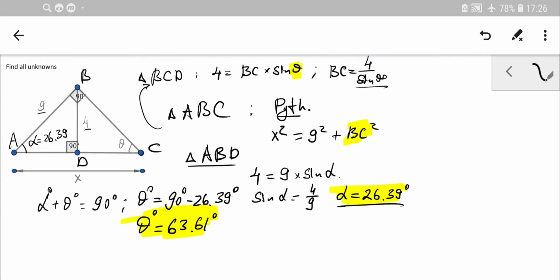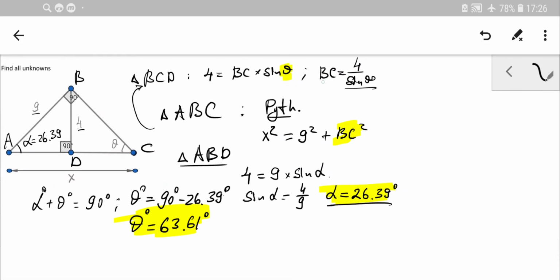Okay, so we found theta. Now we come back to our BC. Finally we can calculate BC, which is 4 over sine theta, which is sine 63.61. Now let's calculate. We take 4 and divide it by the sine of this angle.